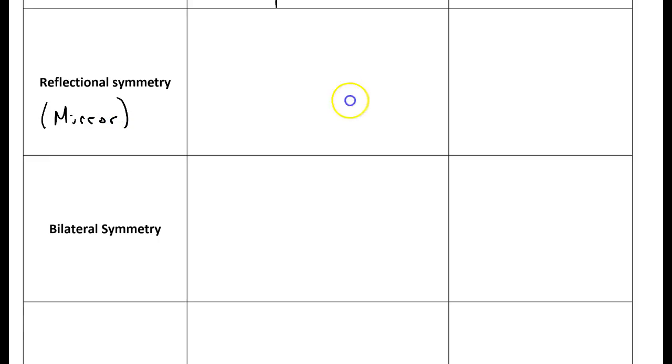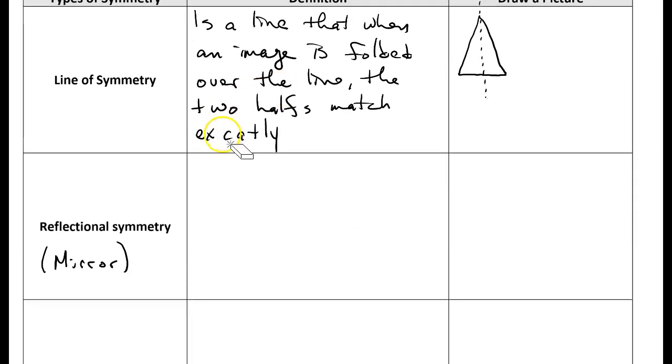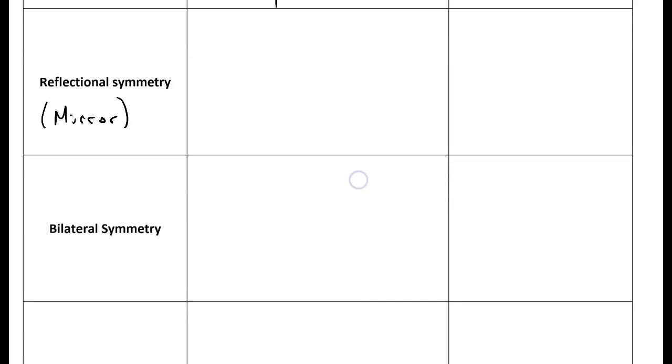So mirror symmetry does involve our previous definition of a line of symmetry. So this definition that we used up here, a line of symmetry, is going to be involved in reflection symmetry.